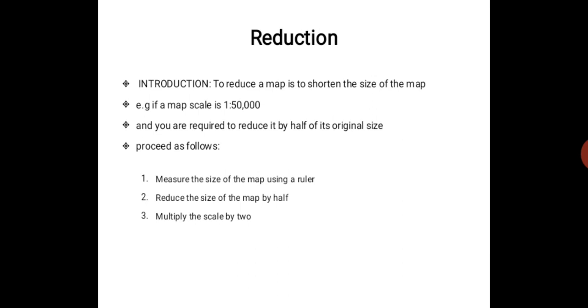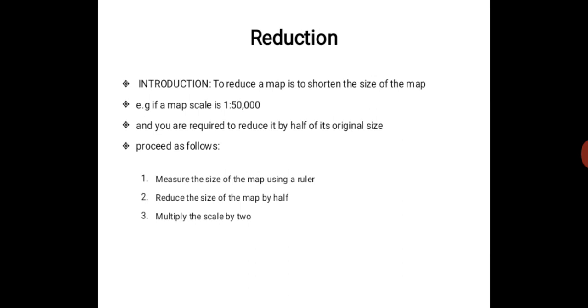But geographers have devised a simple means to help solve this problem: whatever is on the ground can be represented on paper. That is the reason for map reduction.